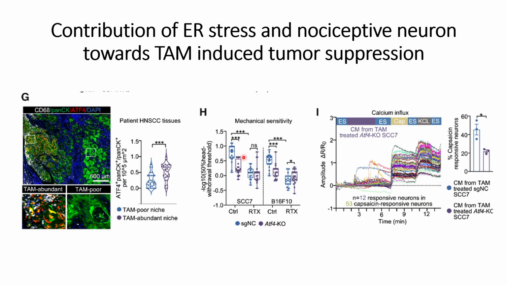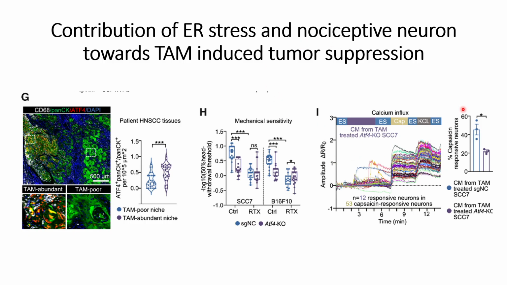Thereafter, they also checked the calcium influx, since this is also one of the signaling pathways that helps in this TAM-induced tumor suppression. The experiment was done with conditioned media from the tumor-associated macrophages, treated with ATF4 knockout SCC7, and also for the control where they killed nociceptive neuron using RTX.